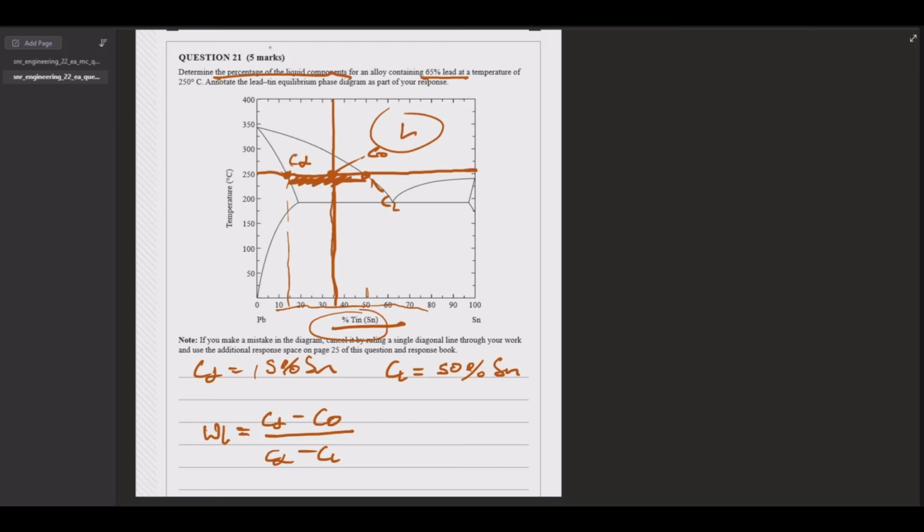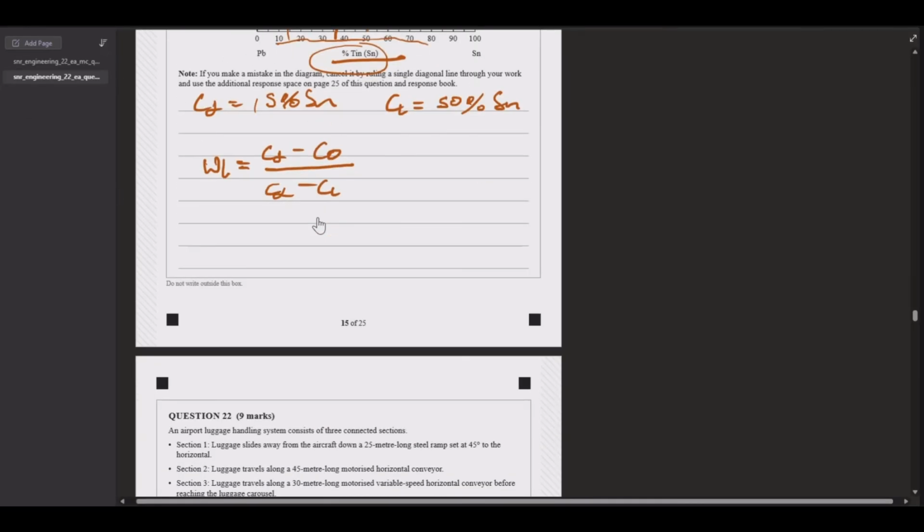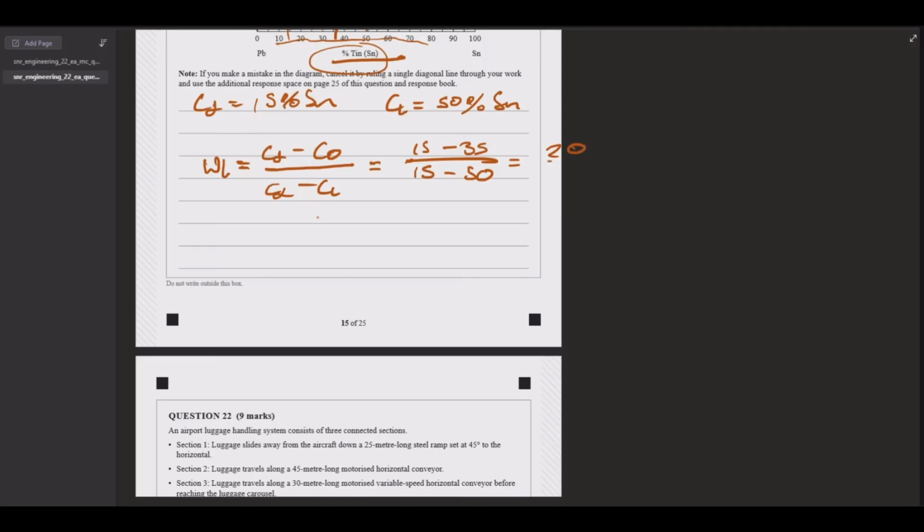If you are having trouble understanding that, try remembering the formula instead, which is just this formula here. C alpha minus CO over C alpha minus CL. And that's going to be 15 minus 35 over 15 minus 50. That's going to give us 20 over 35. Or, what's that? 4 over 7.